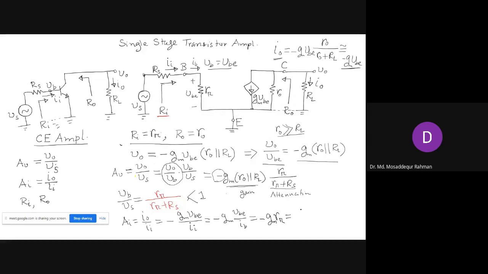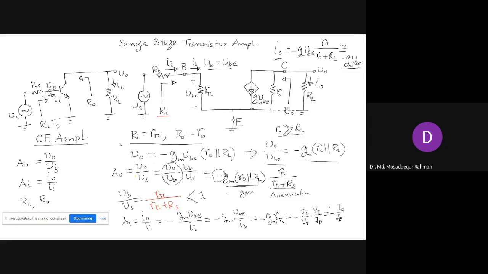And what is GM R pi? See, GM is IC by VT, and R pi is VT by IB. Right? So VT and VT will cancel out, we'll have minus IC by IB.